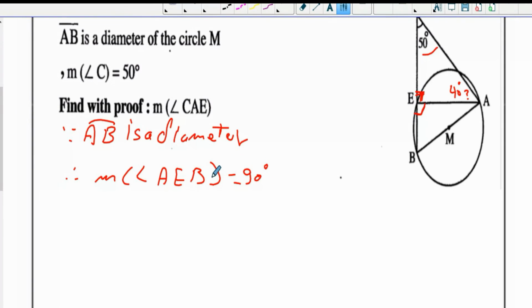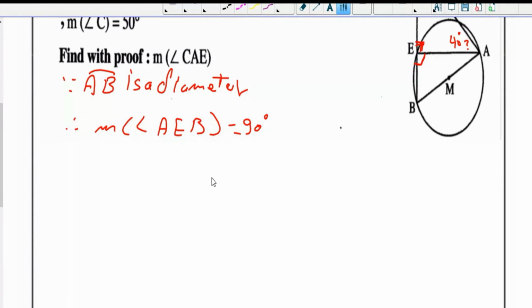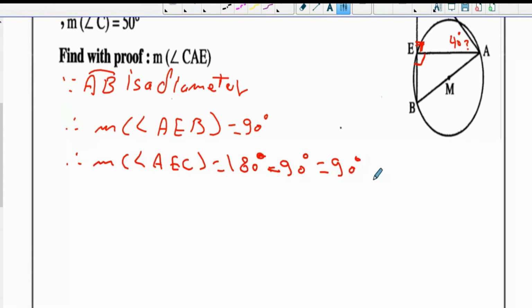Because it is an inscribed angle drawn in a semicircle, as we said before. The measure of the angle AEC equals 180 minus 90 degrees, which equals 90 degrees. Why? Because they are two adjacent supplementary angles.